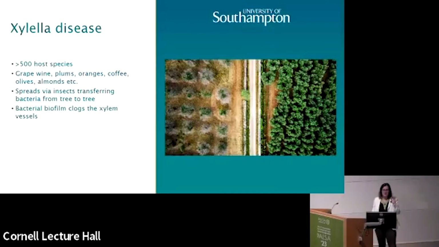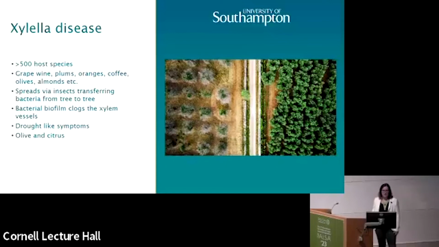So the way the disease progresses is it's a bacterial biofilm that clogs up the xylem vessels. And you notice the disease first as a drought symptom, which is very difficult, if you're in southern Italy, to separate from actual drought symptoms.